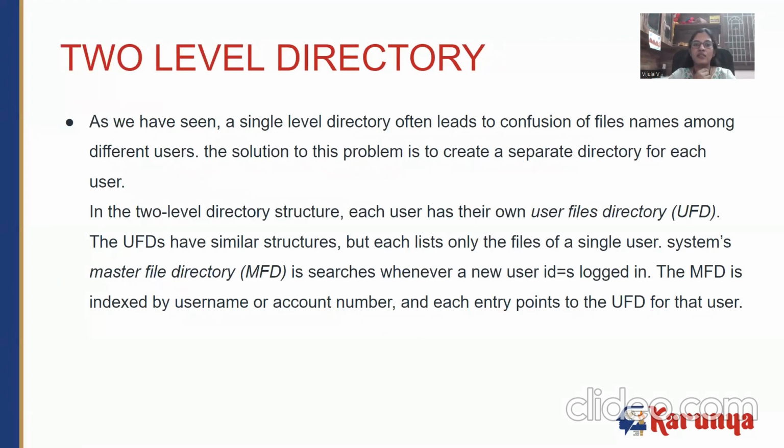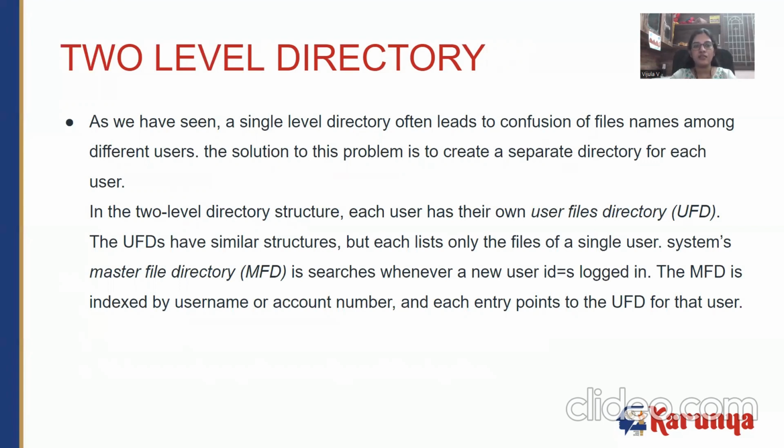As we saw in the single level directory, we had a limitation, and the limitation was name collision. To solve it, the two level directory is introduced. The solution here is to create a separate directory for each user. In a single level directory, all the users have the same directory, but here each user would have their own separate directory.